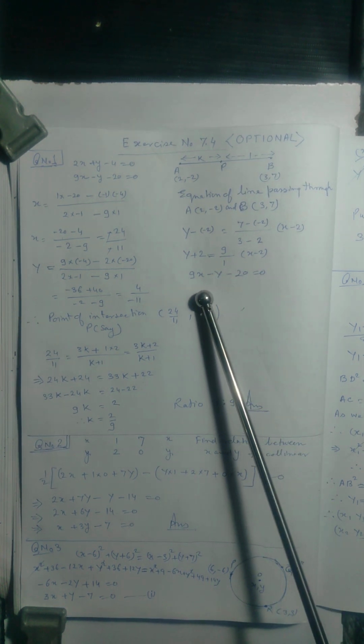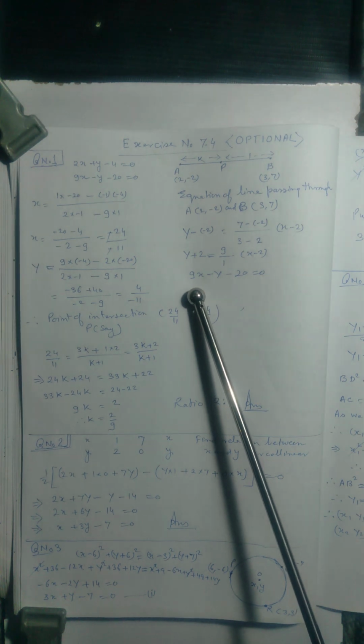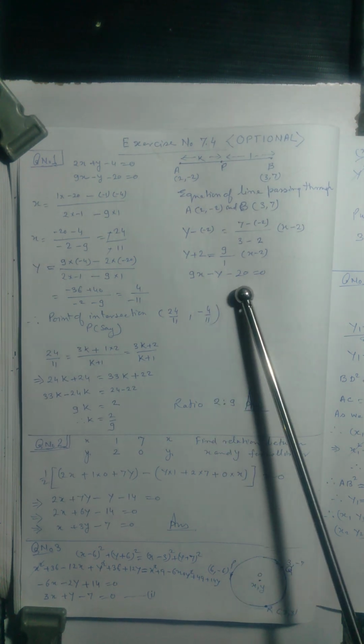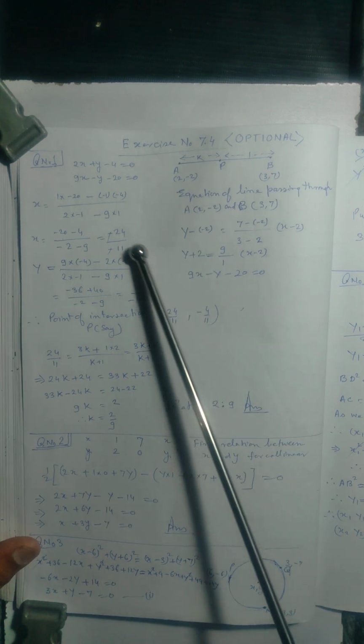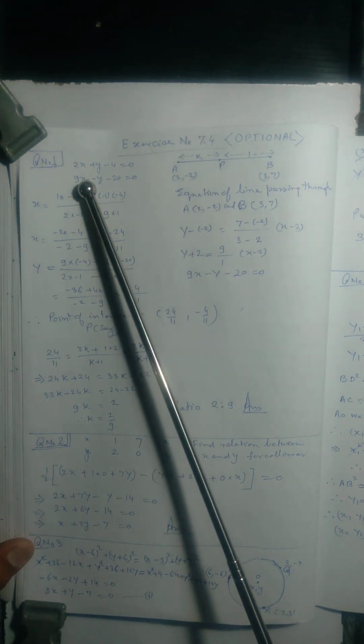Solve this and you will get the equation 9x minus y minus 20 equal to 0.